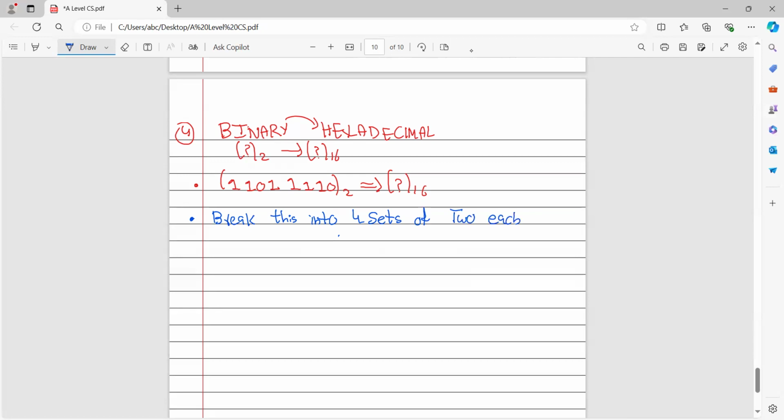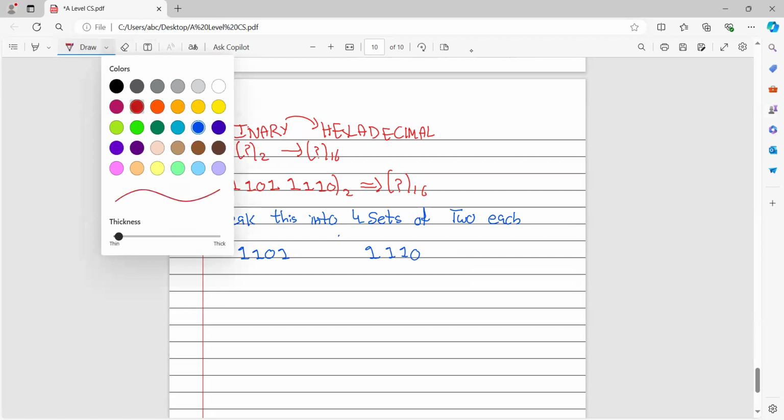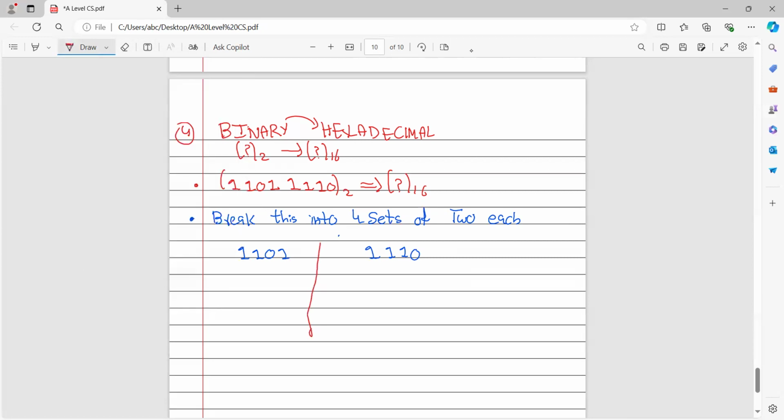And how are you going to do that? You're going to write here 1, 1, 0, 1. You're going to write here 1, 1, 1, 0. Two sets of four each. Now we are going to place the placeholder values, which are going to be 1, 2, 4, 8.